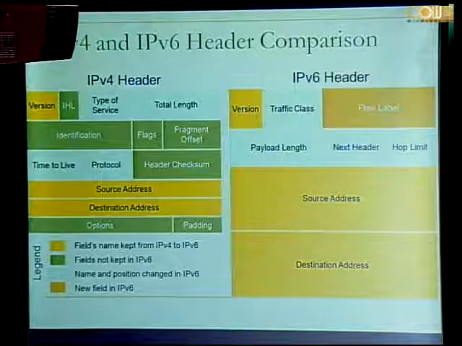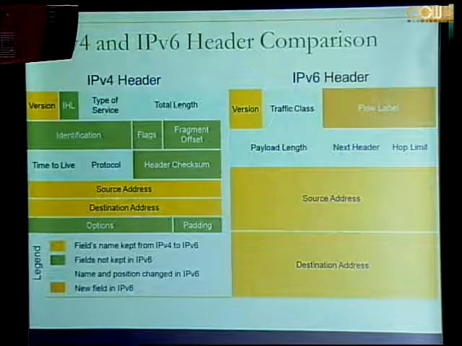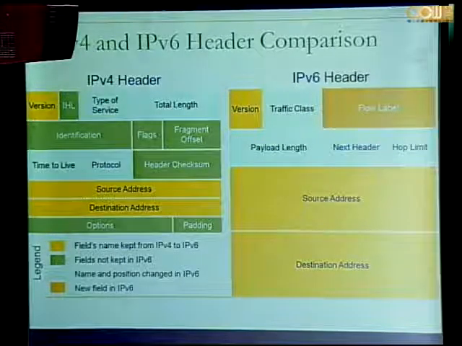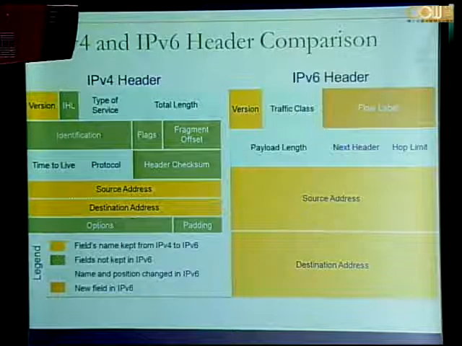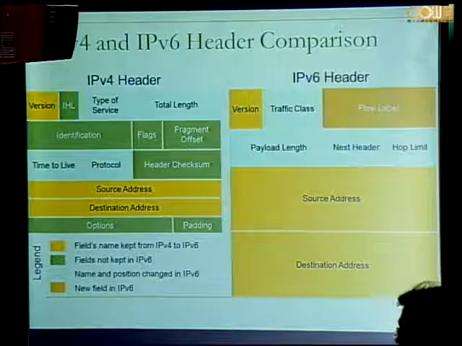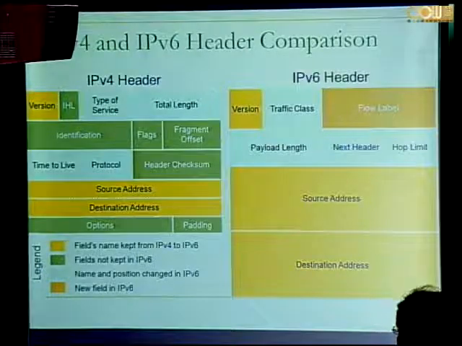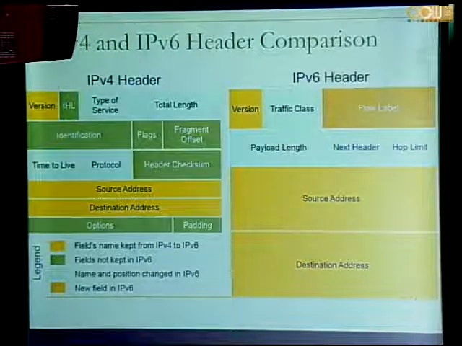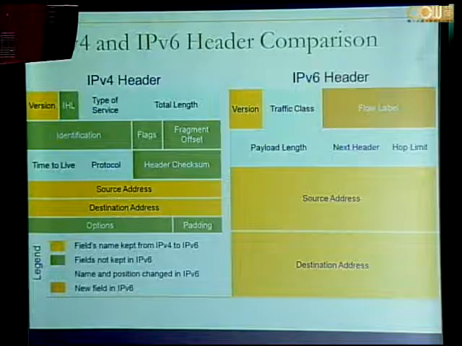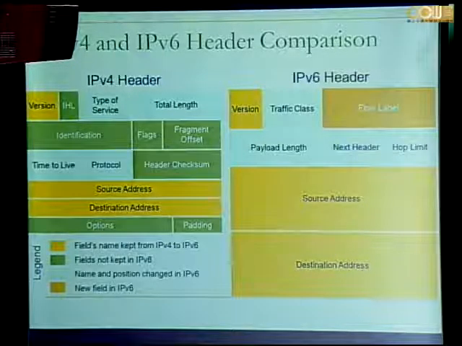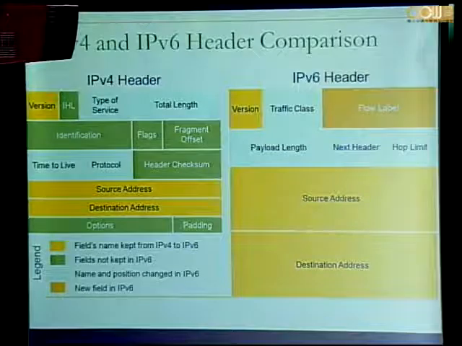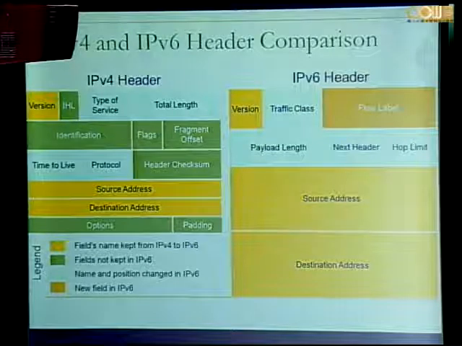A flow, by its definition, is a stream of packets that have the same source destination IP address and source destination port numbers, which we will see in the next chapter. I mean the port number. So the flow label can be used to identify a sequence of packets that belong to the same flow.